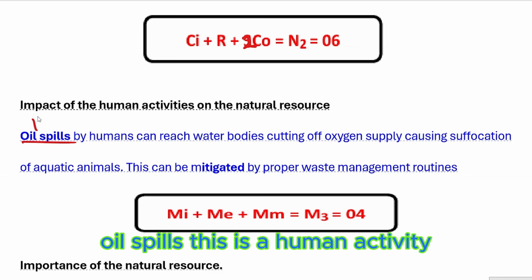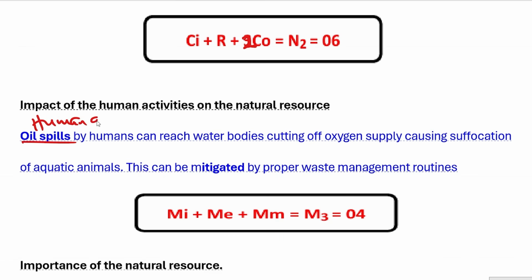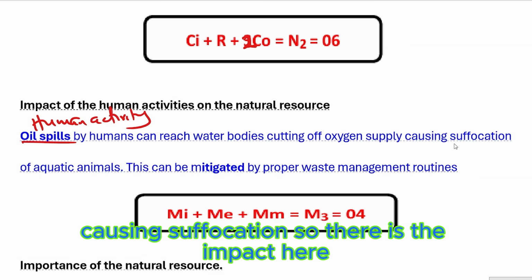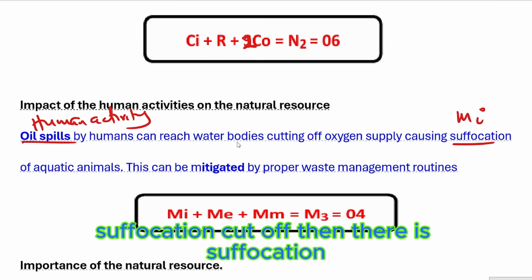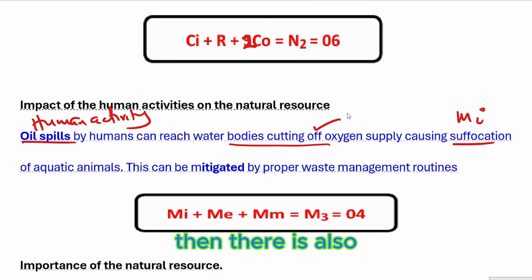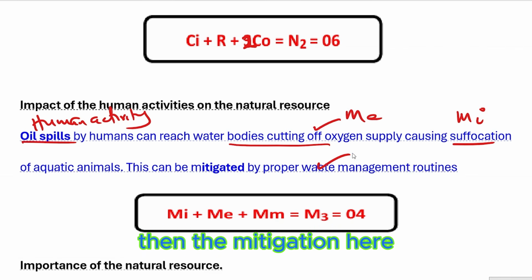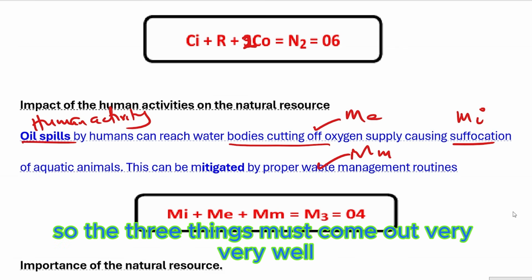Oil spills, this is a human activity by humans, which reach water bodies, cutting off oxygen, causing suffocation. So the impact here is suffocation. Then how does it come about? Because of oxygen cut off. Then the mitigation here. So the three things must come out very, very well.